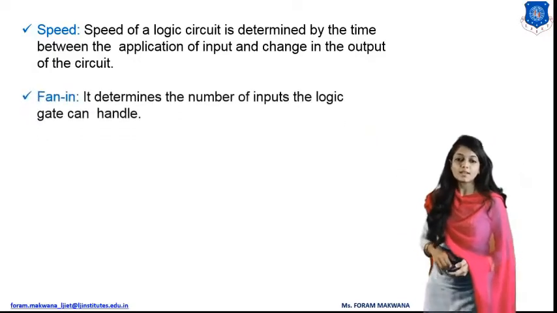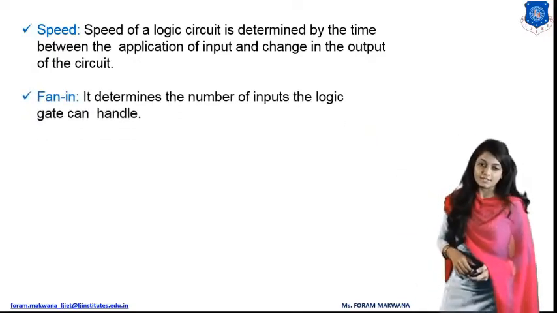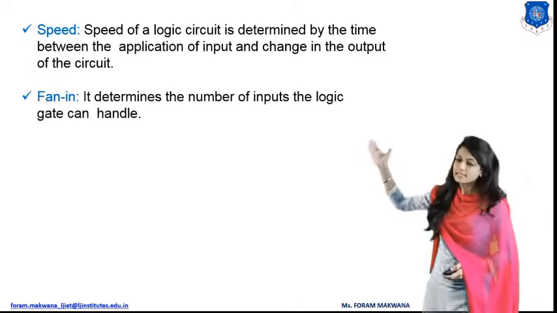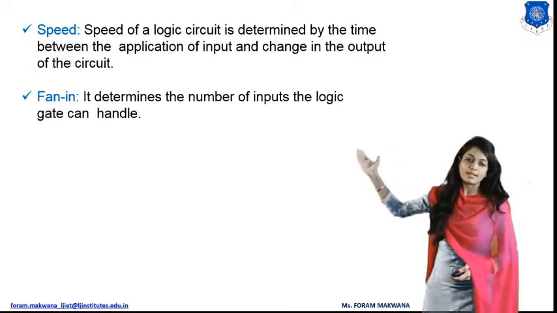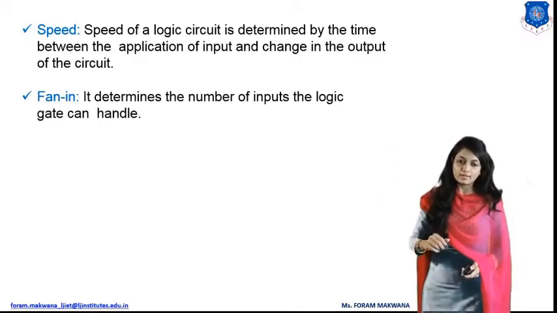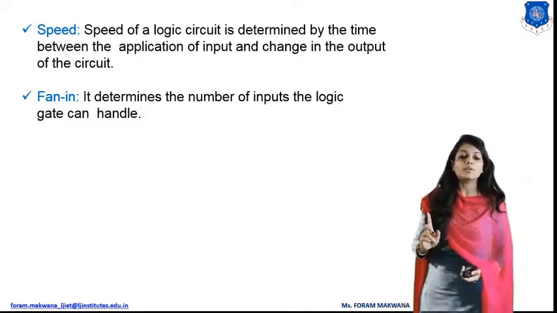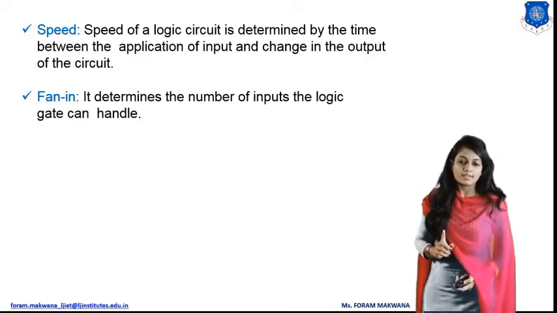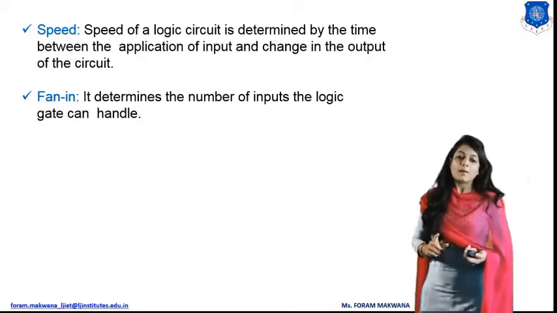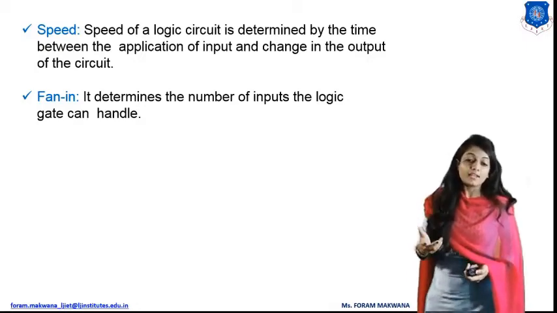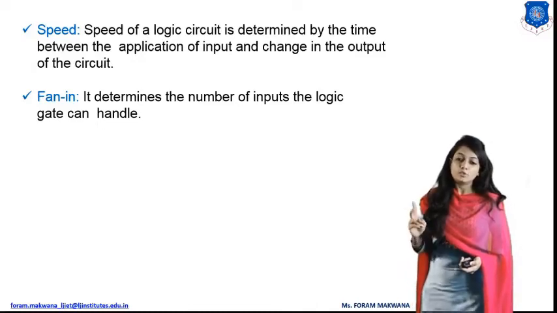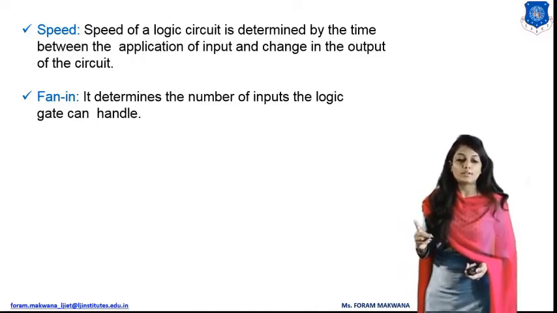Second, fan in. It determines the number of inputs a logic gate can handle. We know that in an AND gate there are 2 inputs. In a NOT gate there is only a single input. So I can say that the fan in of an AND gate is 2 and the fan in for a NOT gate is 1.